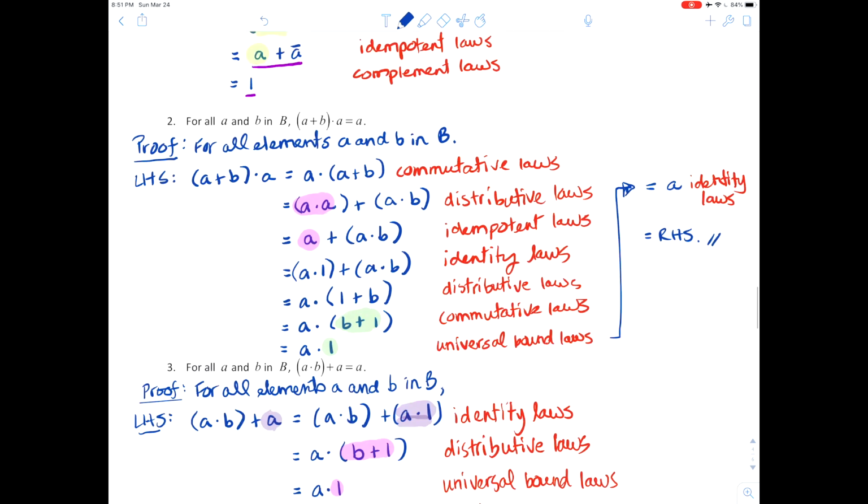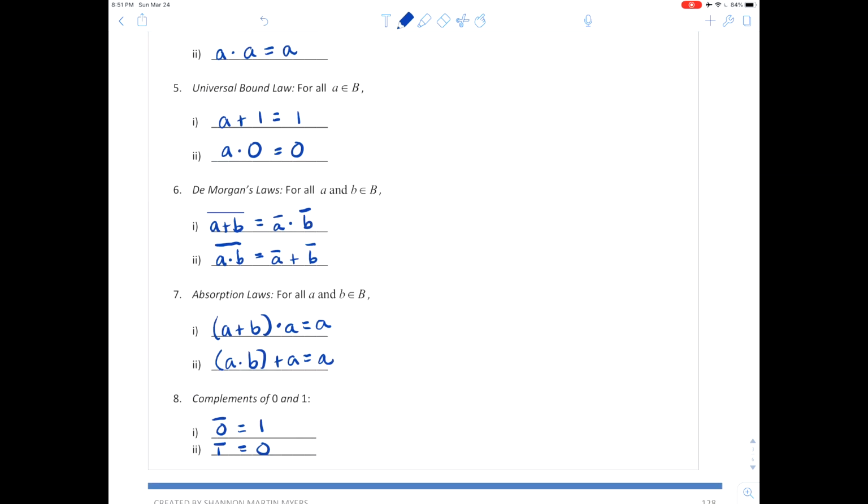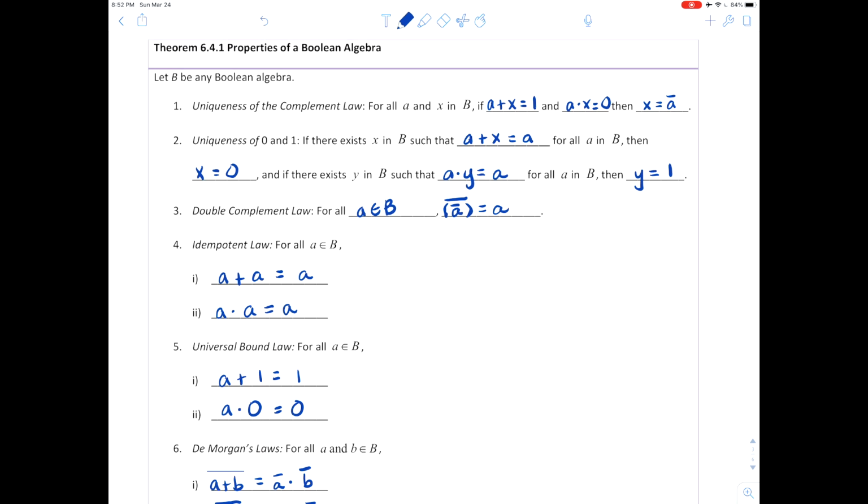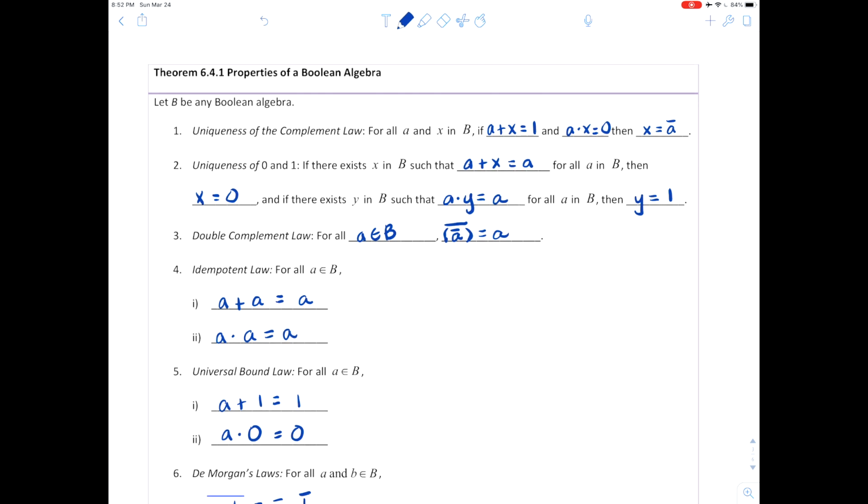We're going to come back here and check out the uniqueness of the complement law. Okay, this is why we did all this. So we did it kind of the other way, right? Ours were switched around, right? So here, well, our conclusion will be by the uniqueness of the complement law, these things will be equivalent, okay?